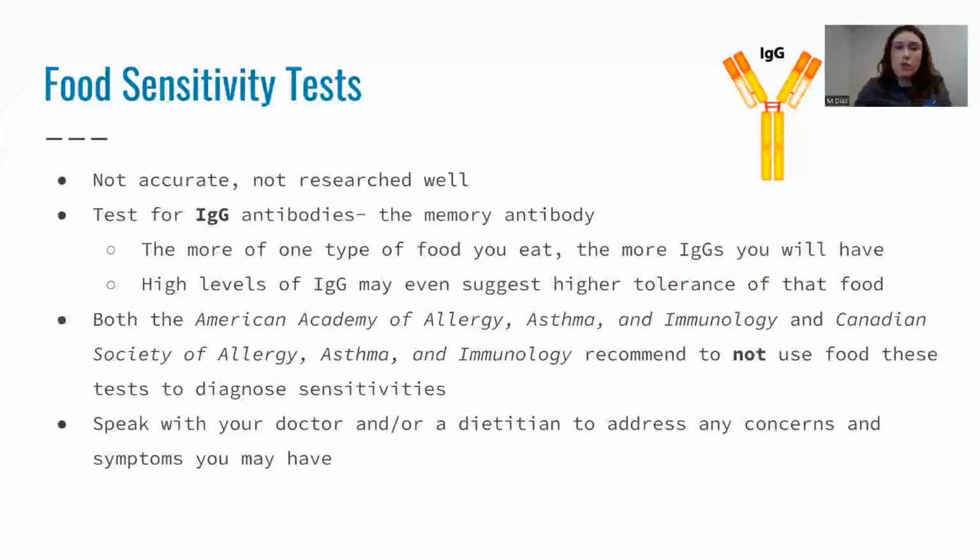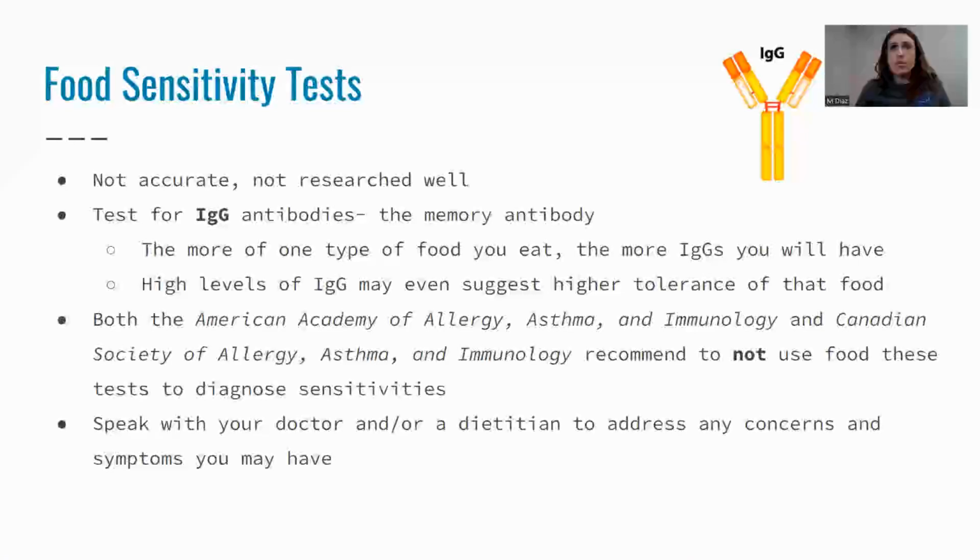When you are doing these food sensitivity tests, they're actually measuring for the IgG antibodies, which is also known as the memory antibody. So when you do these tests and it's measuring the IgGs, it's essentially just measuring the foods that you've eaten most recently. The more of one type of food that you ate recently, the more IgGs you will have.